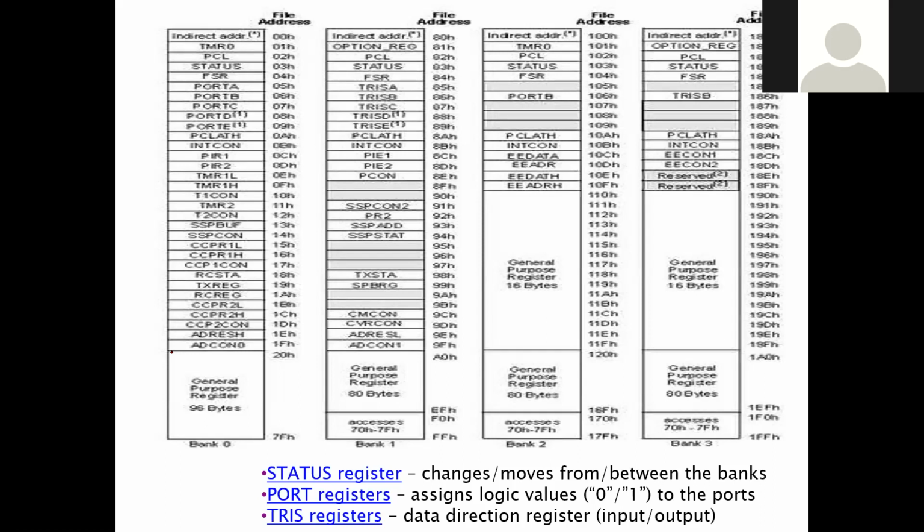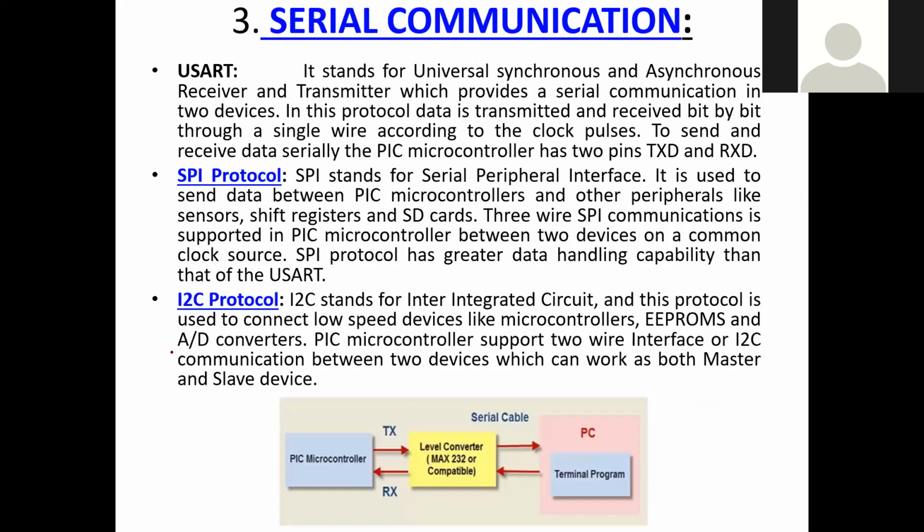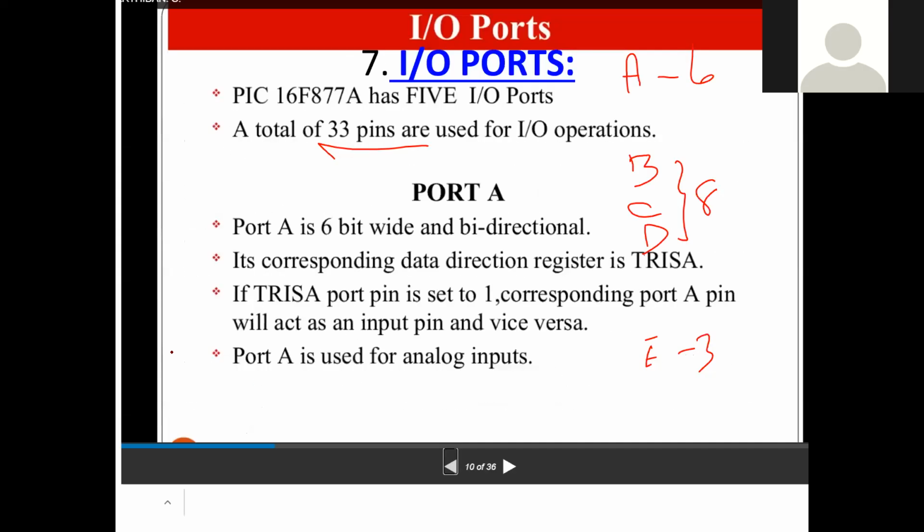PSW. Very good. PSW register, program status word register. Those 2 pins are used to select the bank register. So that purpose is served by the status register, so the status register is used to select the banks here.